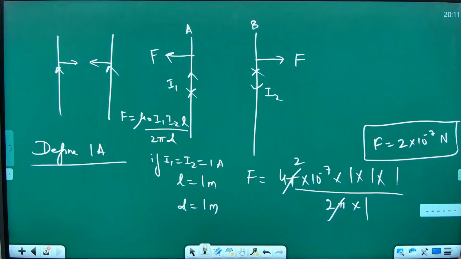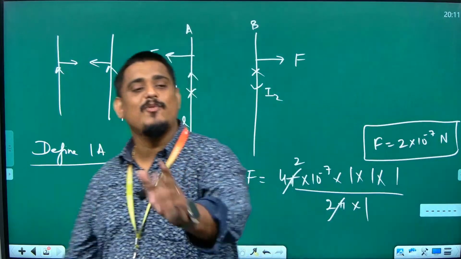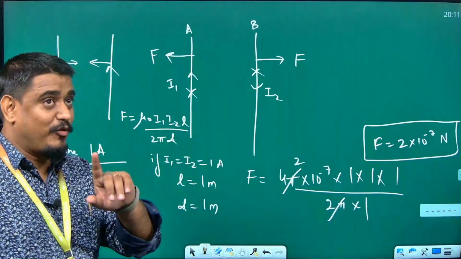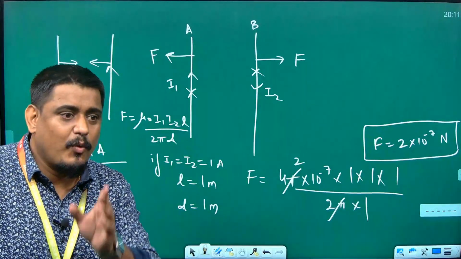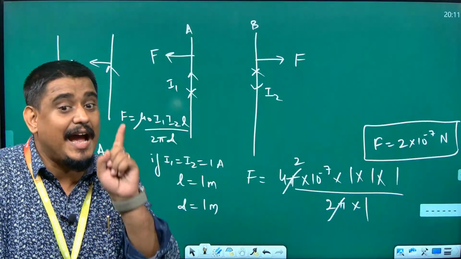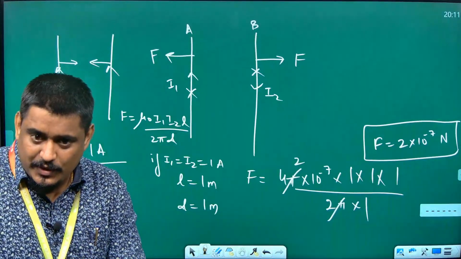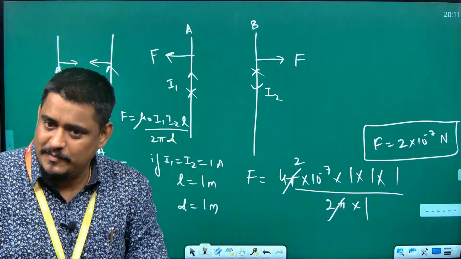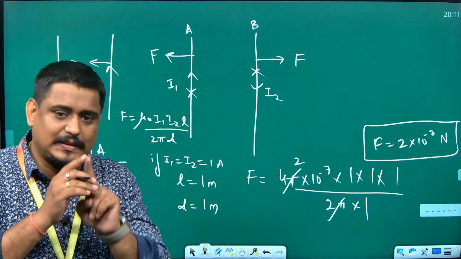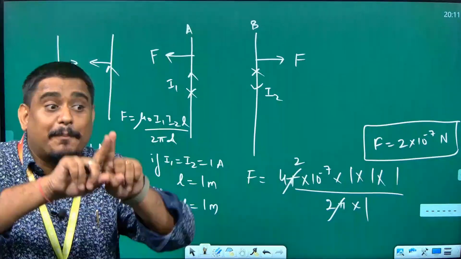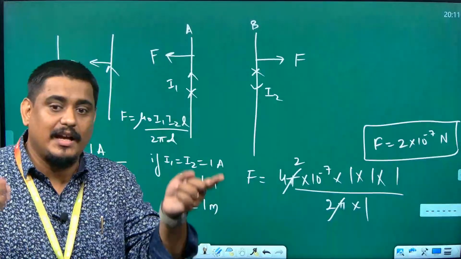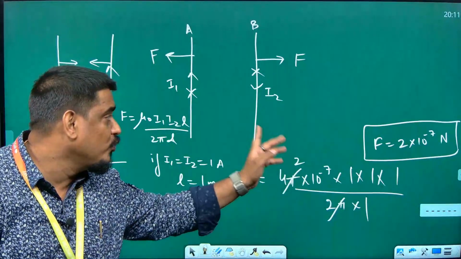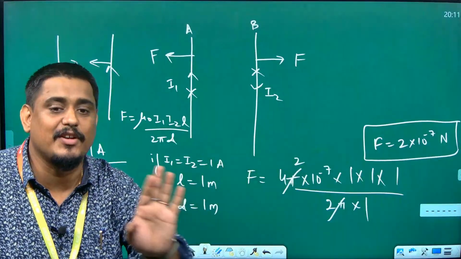From here only we define 1 ampere of current. So, how is 1 ampere defined? Listen to me very carefully. I will speak and I will give notes for it. 1 ampere is that value of current which, when flowing through 2 wires of unit length having unit separation, experiences an attractive force of 2 into 10 to the power minus 7 Newton.